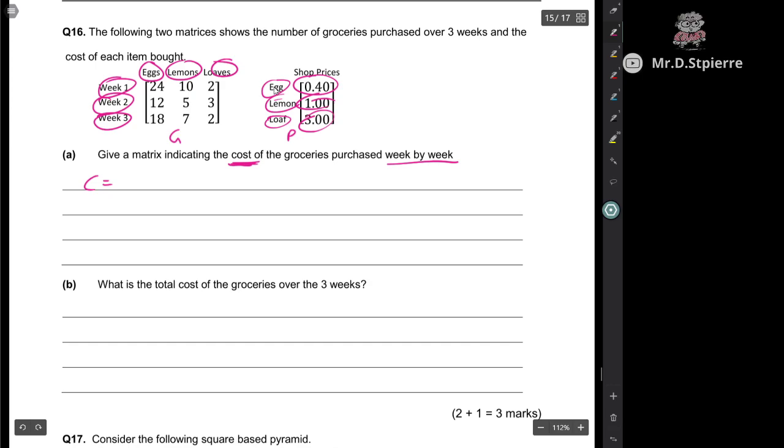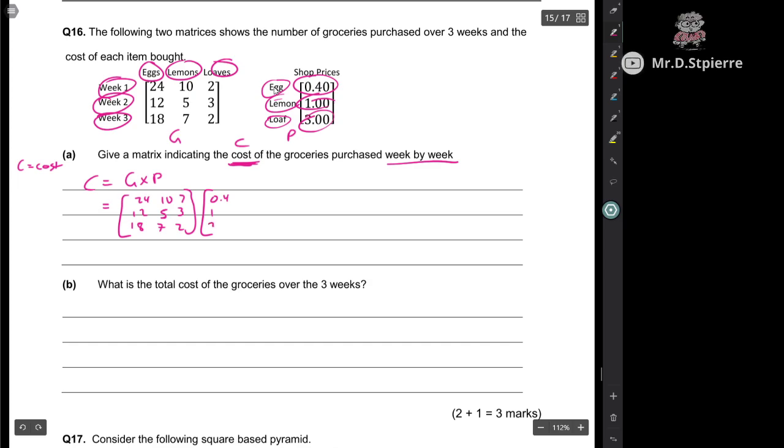I just don't want to use the same letter twice. So cost is equal to the groceries we bought times their price. So we can get 24, 10, 2. So I've said C is equal to our cost, which is what we need to find. 3, 18, 7, 2. Now, if you just didn't use the letters, that's fine, or assign them to the matrices, that's completely fine. Just knowing that we can solve this problem by doing multiplication.